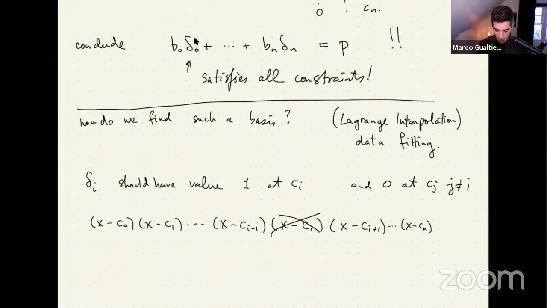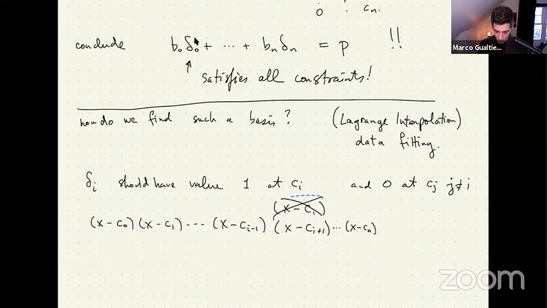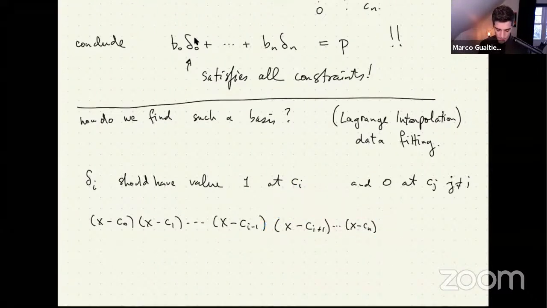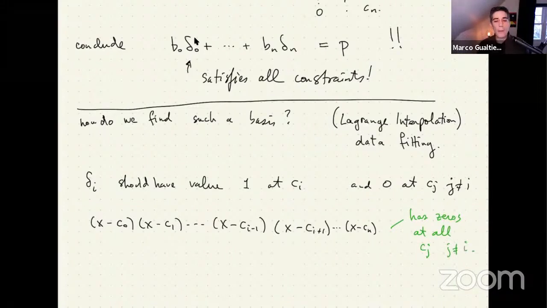So I remove this here. So this thing will have zeros at all Cj. You see that? Okay, but then what about the value at Ci? That's the problem.